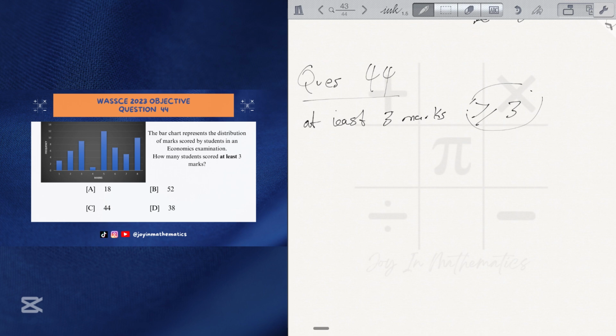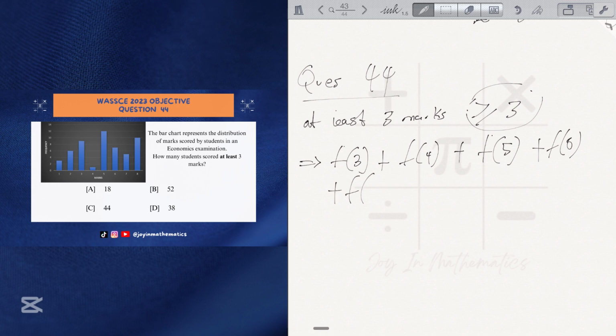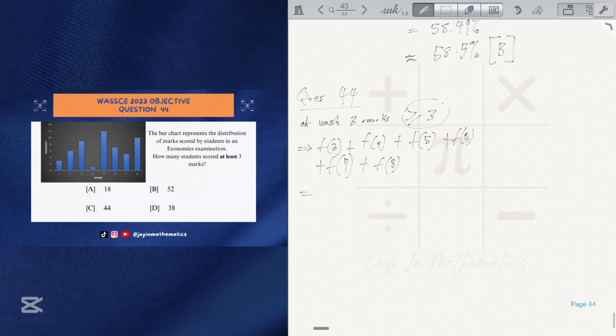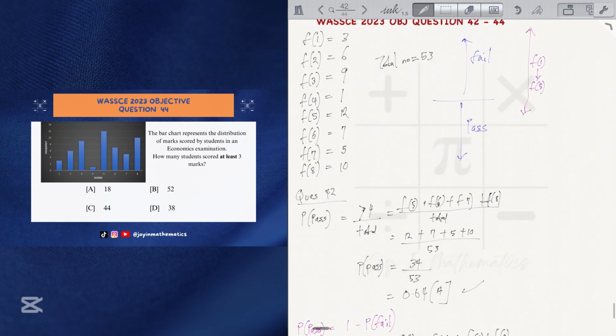So the number of students that scored at least 3 marks is the frequency of 3, plus the frequency of 4, plus 5, plus the number of students that scored 6, plus 7, plus 8, and we sum it up together. So we are looking for the number of students that scored 3, 4, 5, 6, 7, 8. The frequencies are 9, 1, 12, 7, 5, 10.